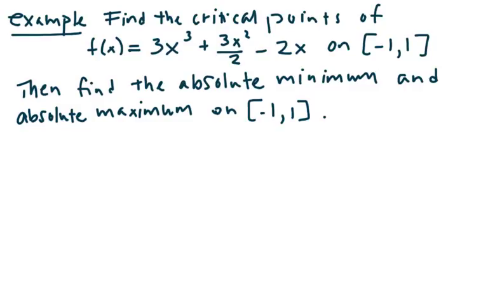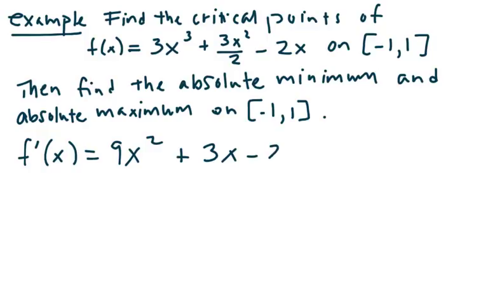So let's start by finding the critical points. f prime of x is equal to 9x squared plus 3x minus 2. Now to find the critical points, we set f prime of x equal to 0. Solving this equation tells us the critical points.